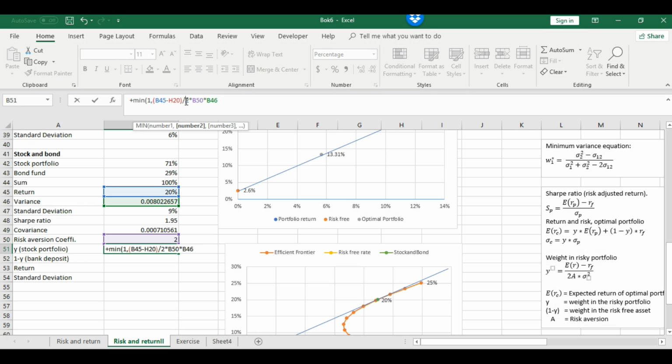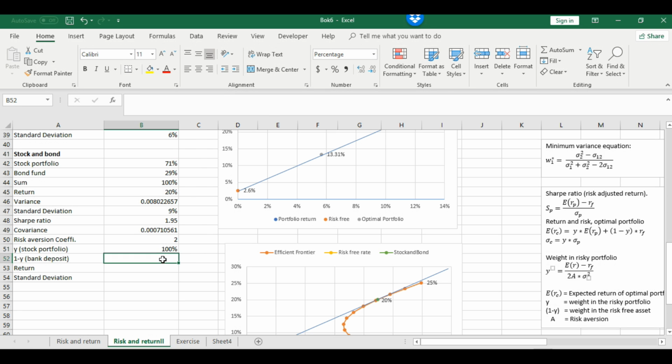Set brackets there. This gives 100% into the stock and bond portfolio and 0 in the bank deposit.